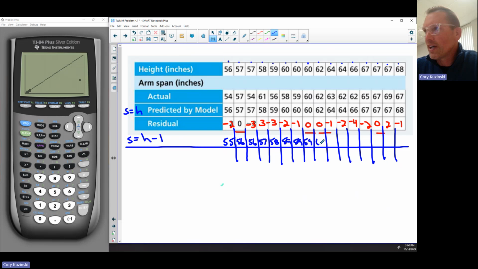And 62 minus 1 is 61, and 64 minus 1 is 63, and 63, and 65, and 66, and 66, and 66, and 67.